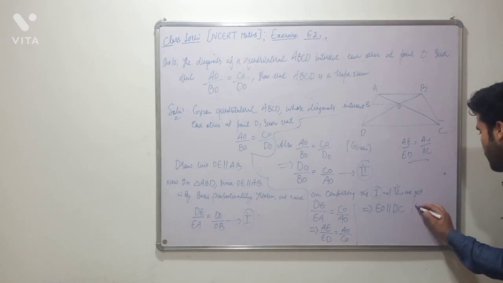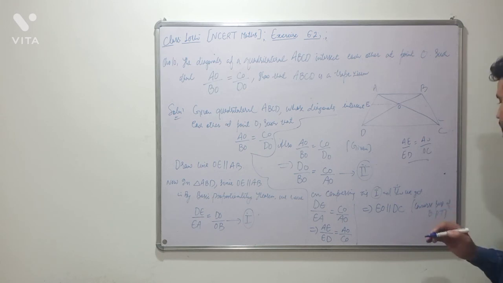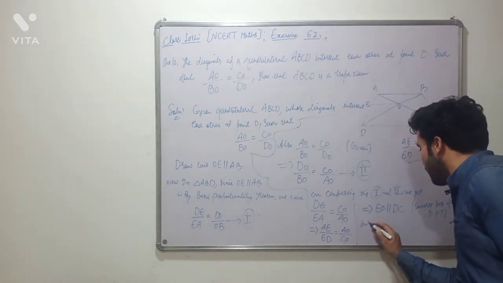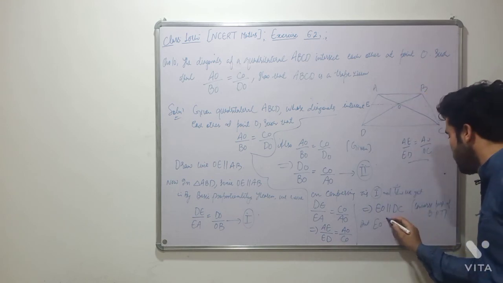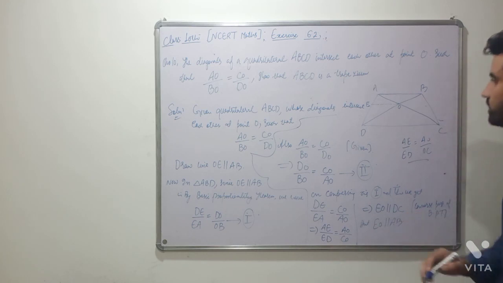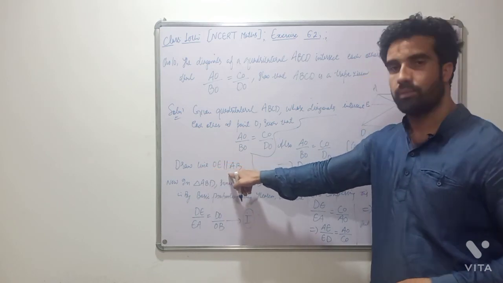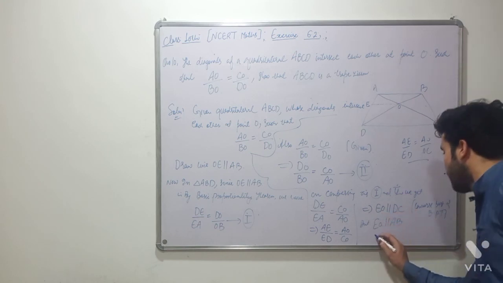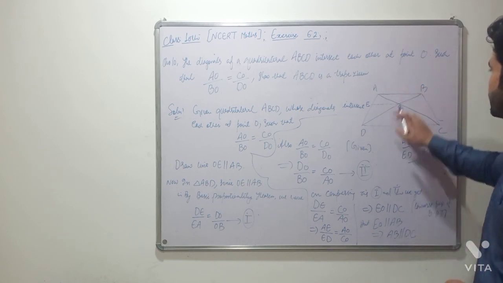और यहाँ पर हम कहेंगे कि भाई ये जो रिजल्ट है, this is true by the converse part of basic proportionality theorem. ठीक है, so EO is parallel to DC. हम यहाँ पर लिखेंगे, but मेरे पास जो EO है, this has been assumed initially to be parallel to AB, है ना. देखिए यहाँ पर EO has been considered to be parallel to AB. ओके, so once EO is parallel to AB, और EO parallel to DC, this will definitely imply AB is parallel to DC.